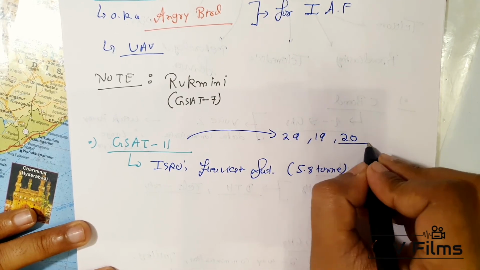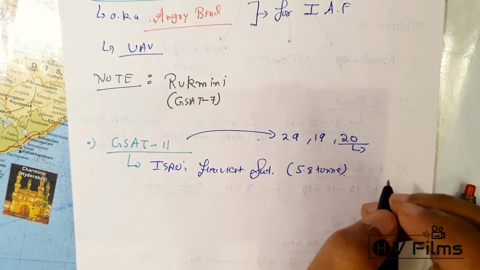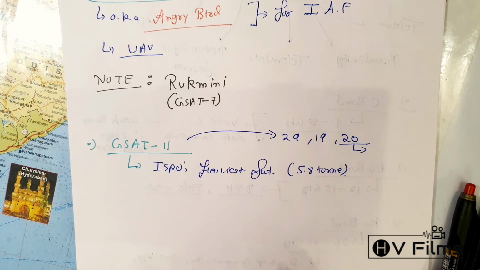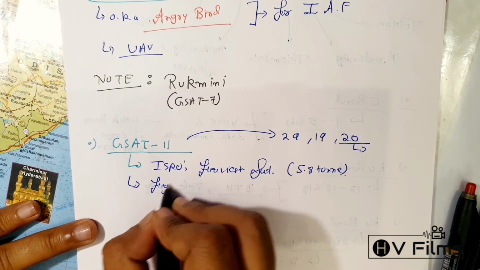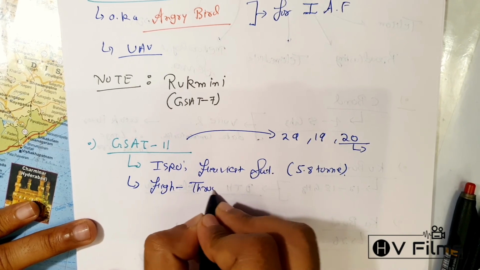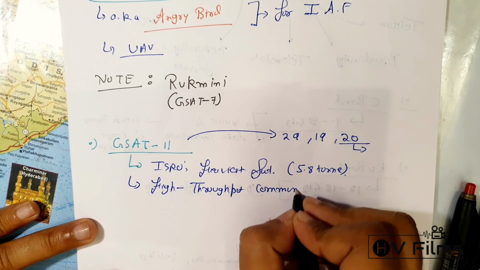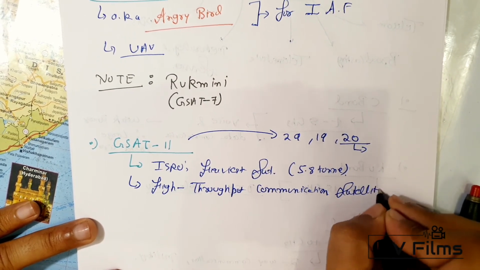GSAT 20 will be launched in 2020 itself, but till now the dates have not been finalized yet. So this is mainly about these satellites. I should mention it here: high throughput communications satellite.